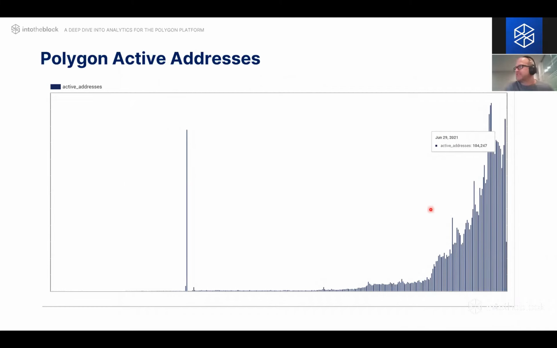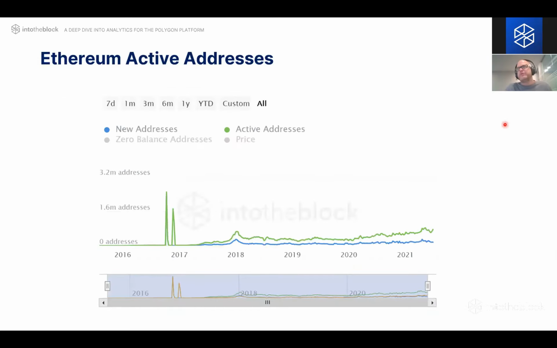Now, when we look at addresses that are active in the network, and I just realized that the y-axis was missing here, but you can see the growth is pretty much the same. Nothing happened until February, March, and then the growth has been tremendous, to over 100K addresses. Obviously, Ethereum has many more active addresses any given day, but not so much more, right?